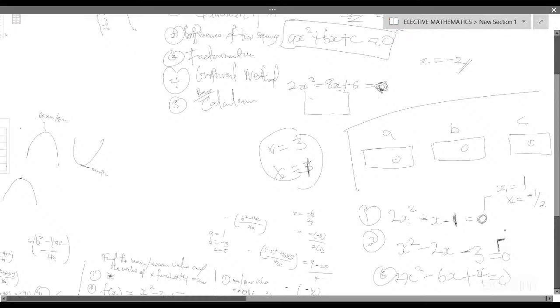For the second question, I had the first value of x to be 3 and the second value to be negative 1.